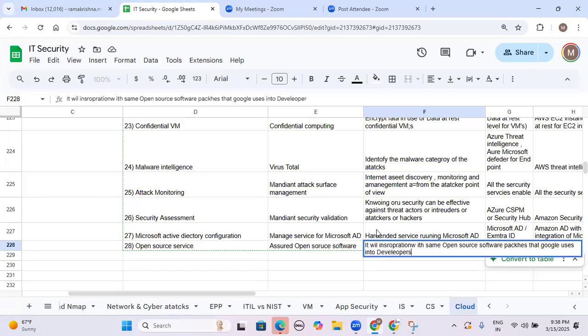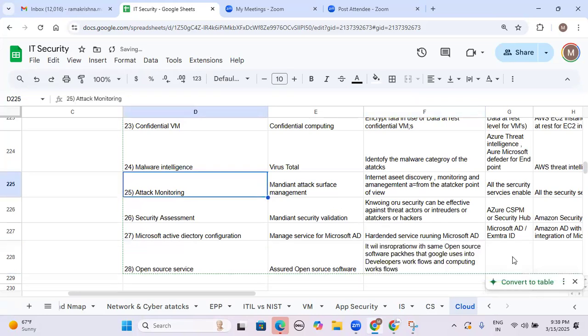Not only developer workflows, even computing workflows. When you say computing workflows, whatever EC2 instances we are creating. So that is about our open source software service.